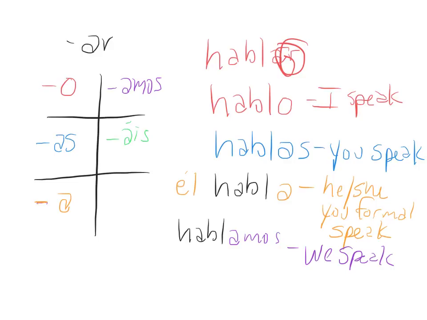So I filled in the vosotros ending, and then for the they ending, it is an. So we have our verb, and then we add our ending, and now that means they speak, or possibly you guys speak. Wow, my handwriting looks terrible.